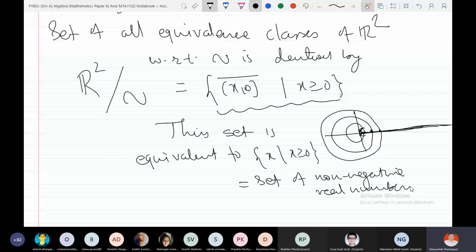You may not be able to realize this immediately, but from this picture it is clear how many classes there are: choose a positive real number, you get one class; choose any other positive real number, you get another class.